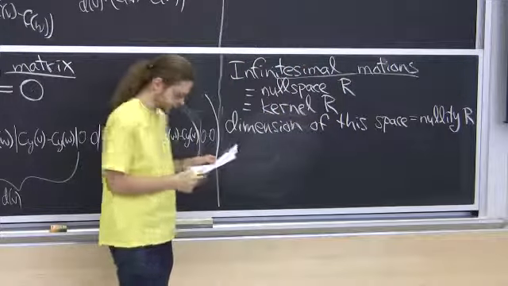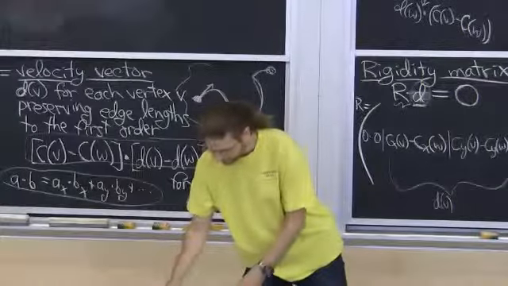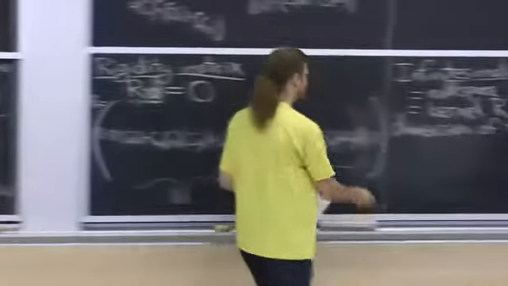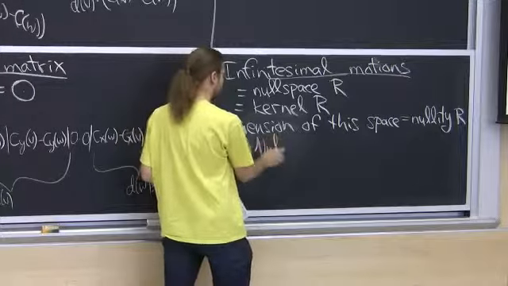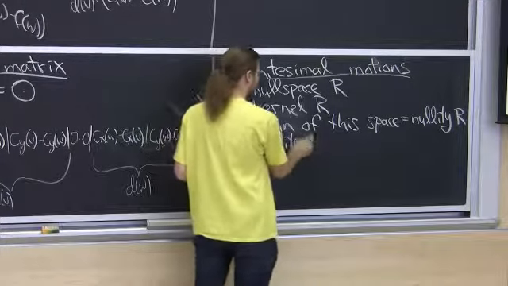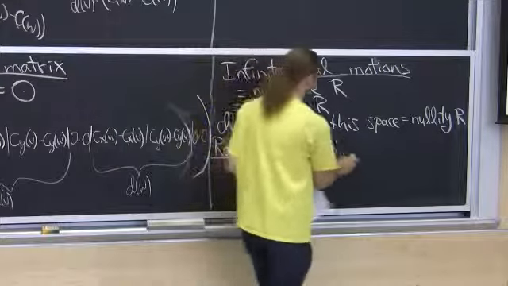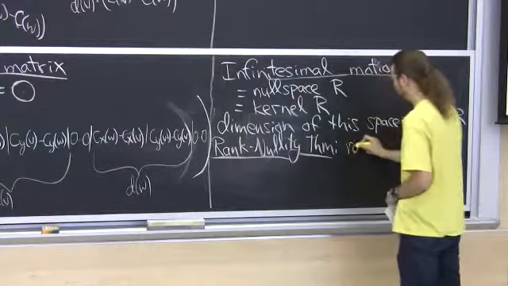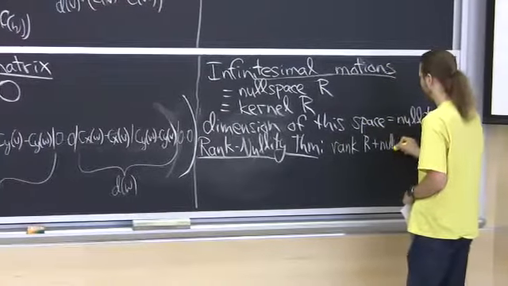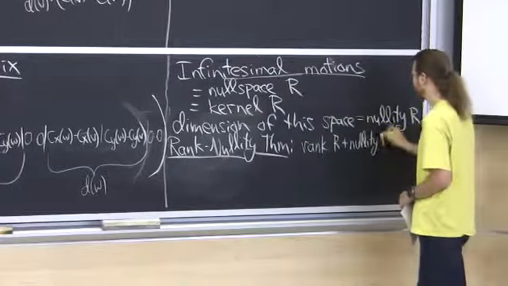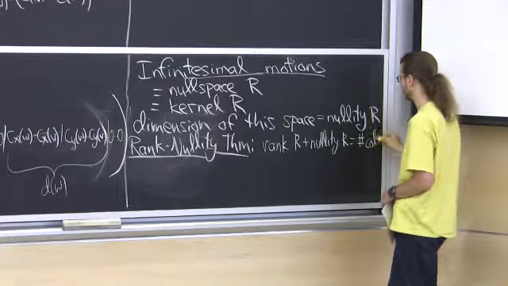But there's a fun theorem called the rank nullity theorem from linear algebra, which says if you have a matrix, you take its rank, which is another quantity, you take its nullity, you add them together, it will be the number of columns in your matrix.